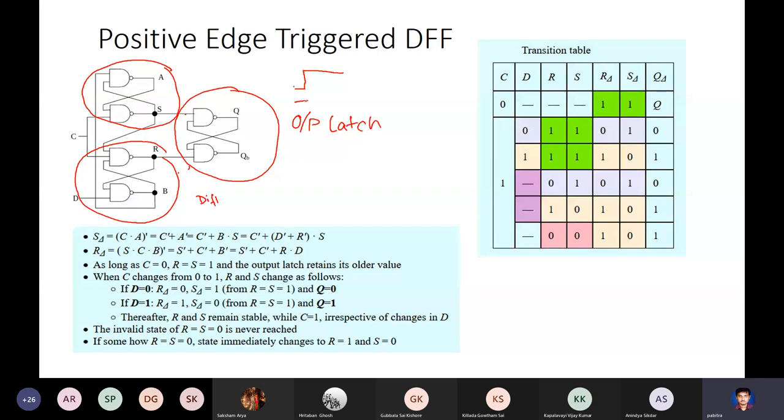The second latch, the enabling is the reverse, so enabling happens in the negative. Rather, I should say the enabling doesn't happen in the other part, but since it is tied to the R input, its effect is in the other part, and we have the additional D input. This is a D flip flop, so we have the additional D input.